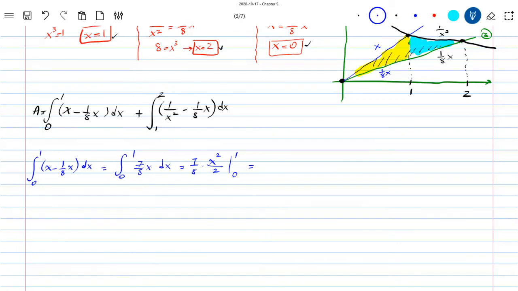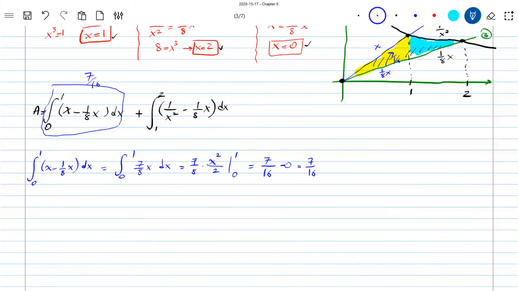If you replace 1, we get 1/2 times 7 over 8, which is 7 over 16. And if you replace 0, minus 0. It's simply 7 over 16. So this first area is 7 over 16, corresponding to this yellow area.